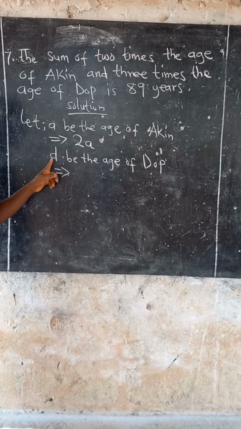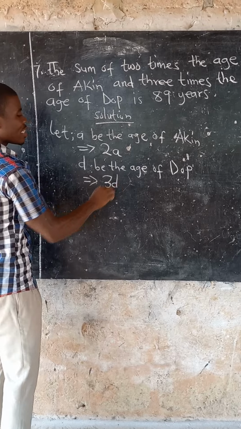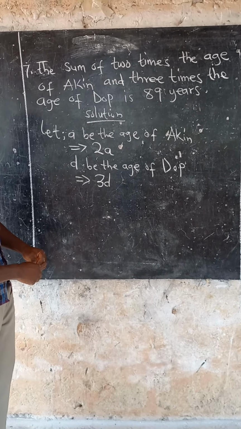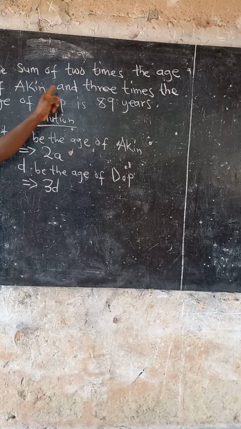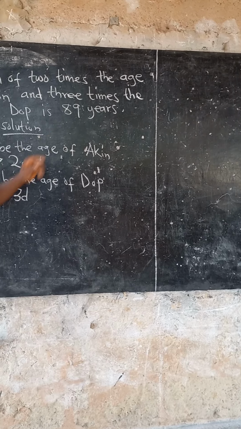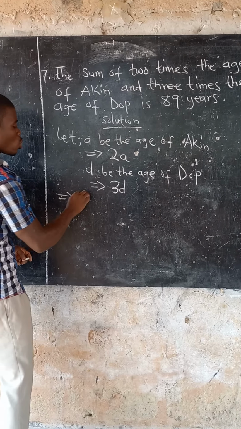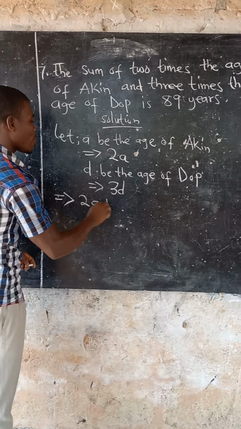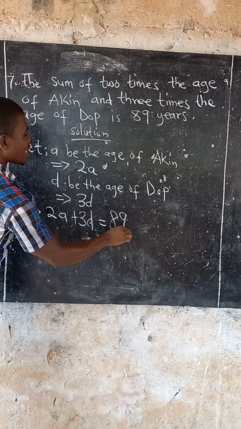And we say the age is D. So it is also going to be 3D. And the question is saying that when you put them together, that is the sum of, it is going to give you what? 89. So this implies that 2a plus 3d is equal to 89.